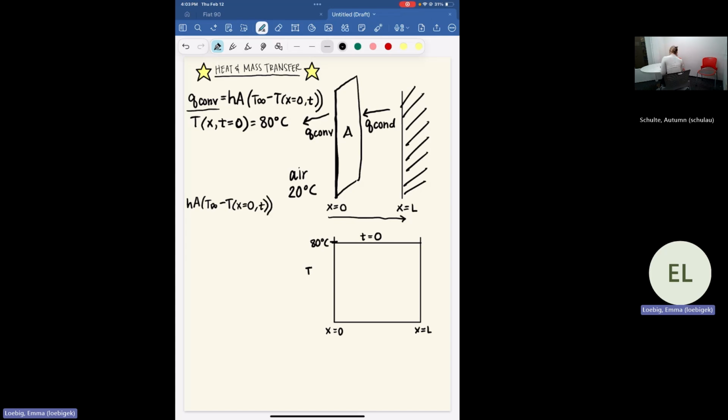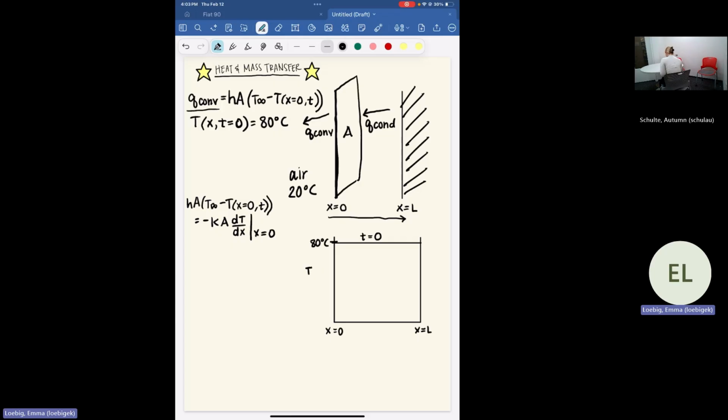This is equal to our conduction, which is Fourier's law. We know that as negative the thermal conductivity multiplied by the area multiplied by the change in temperature with respect to position evaluated at x is equal to 0.